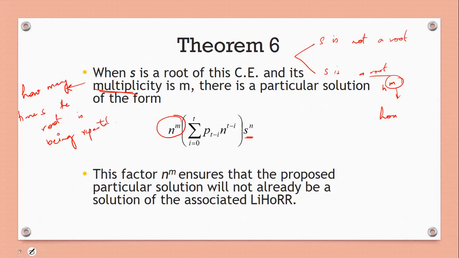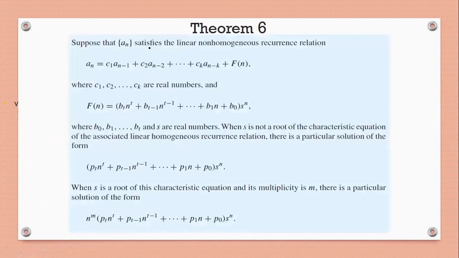Okay, now this actually is the textbook slide of theorem 6, or the textbook content of theorem 6. So instead of writing it in the sigma format, it is all expanded over here.